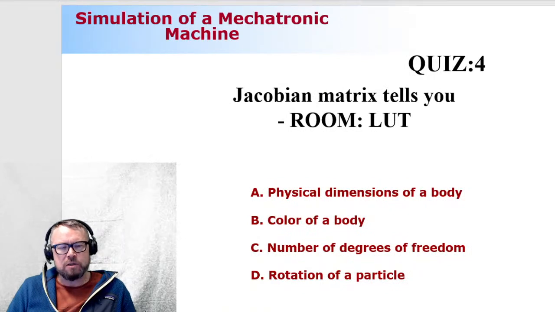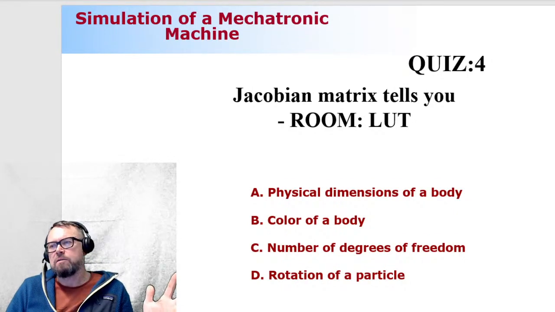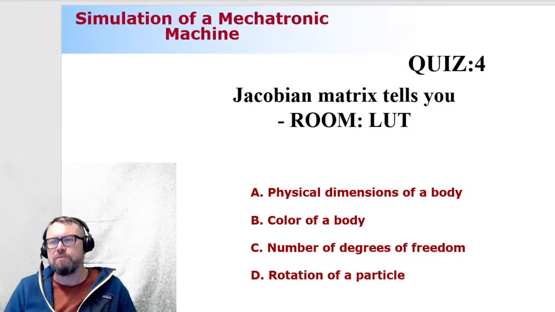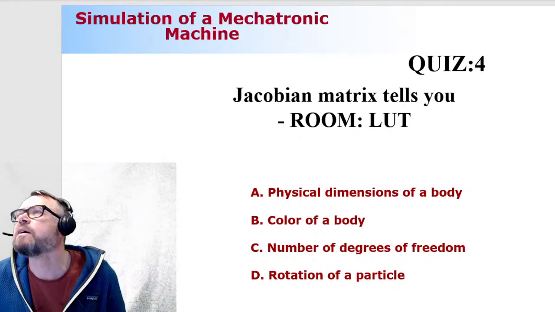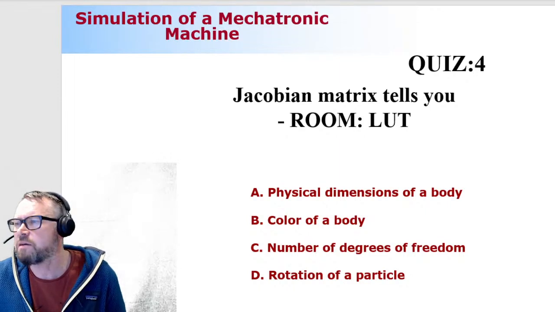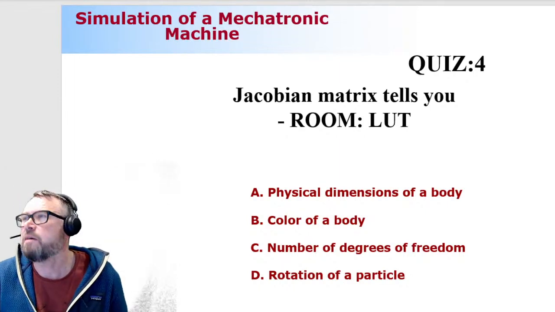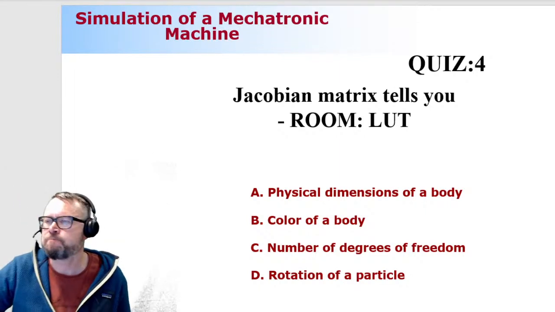Jacobian matrix tells you what? Physical dimension of a body, color of the body, number of degrees of freedom, rotation of a particle. Those are the 4 choices, and the in-class quiz is on. Hold on, it's not yet on. It's on.